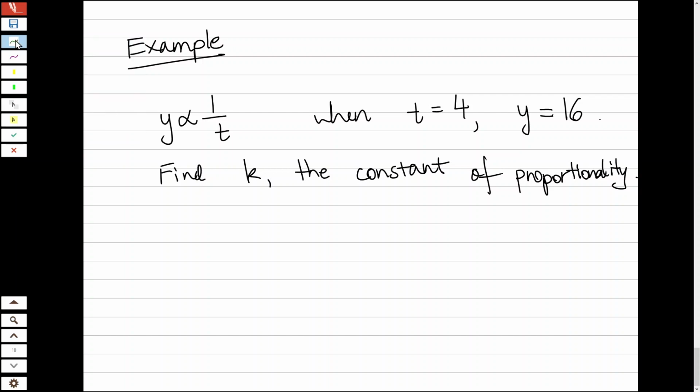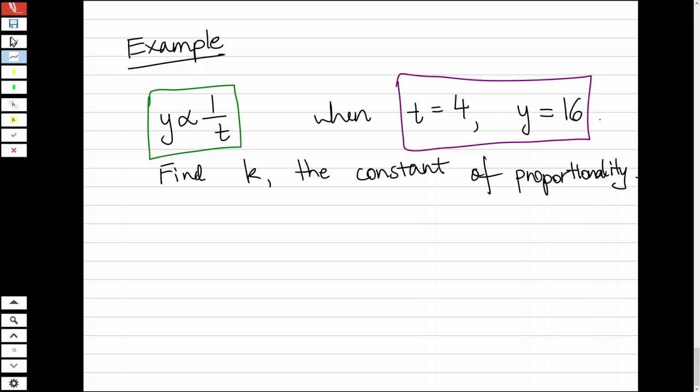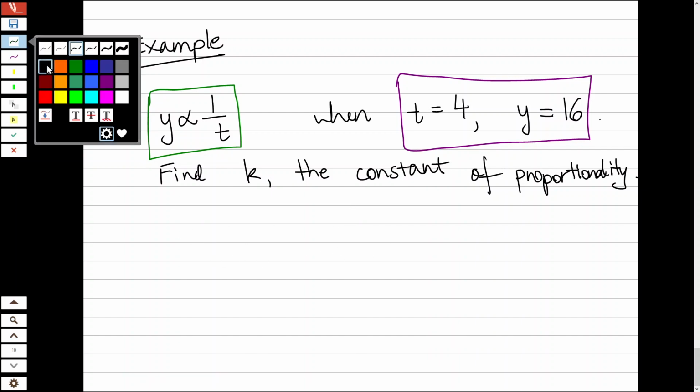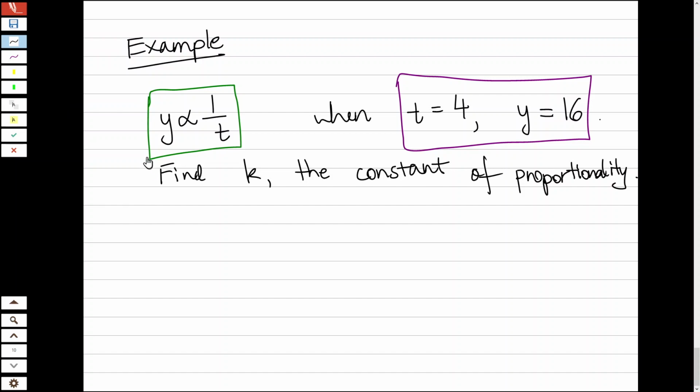Okay, I'm going to ask specific people. So I'm going to ask you, Ash. You don't have to do the whole question, but I'll start by highlighting the important information. Let me break that down into two steps. First, we know that y equals k divided by t.